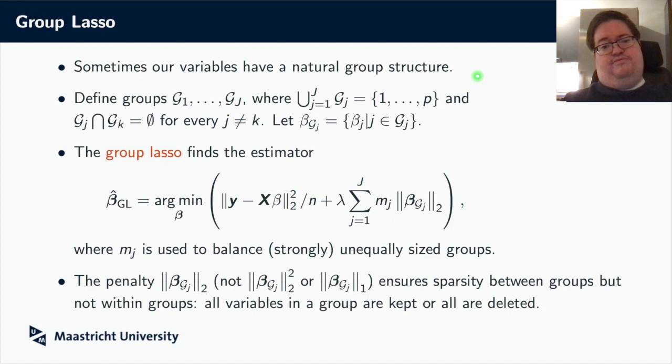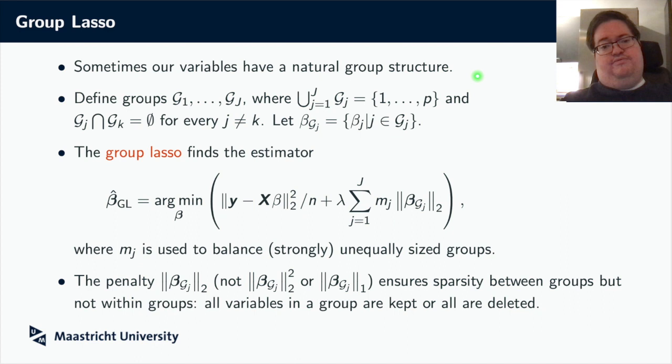For instance, take a time series model. Say a model where you have multiple variables, and for each of these variables you have multiple lags. Well, you might say, I want to treat all of the lags of one particular variable together as one group. And I want to do the Lasso in such a way that either I keep all of the variables in the group or I kick them all out.